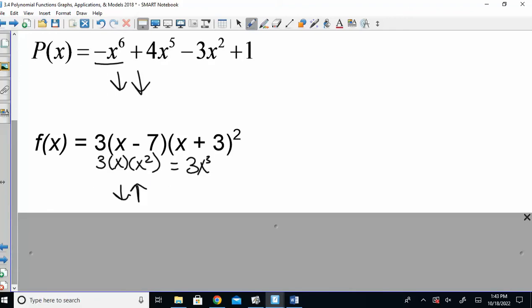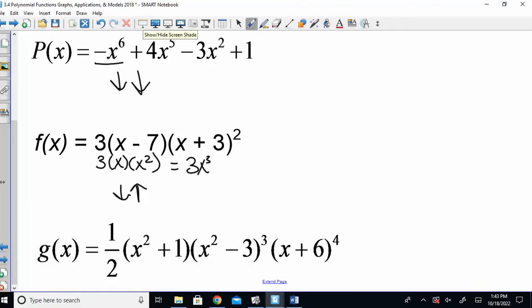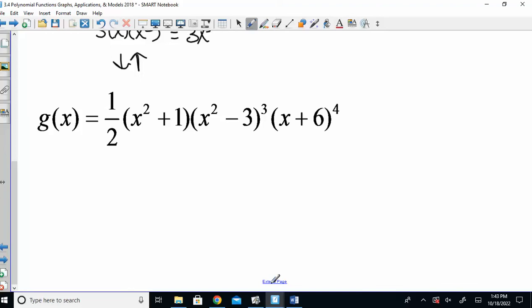One more of these. Okay, there's a lot here. So let's think about if we multiply it out. I have a 1/2 in front. This one has an x squared. In this parenthesis, if you take an x squared cubed, what power would you get? In this we have an x to the 4th.